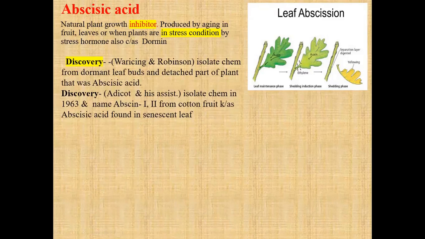This was discovered by Addicott and Robinson. They isolated this part of the plant and carried out chemical studies, and found that abscisic acid is responsible for this process. Later, Addicott and his associates isolated the chemical in 1963 and gave the names abscisin I and abscisin II.